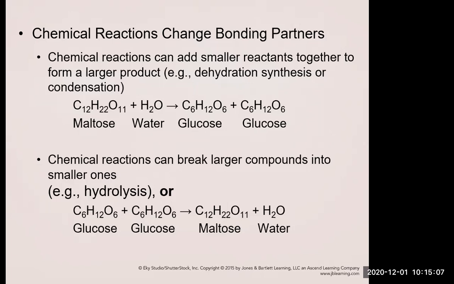This is hydrolysis at the top. Maltose and water, condensation. So I just noticed, pardon me, you all, I've got my textbook open, and it looks like there's a dehydration or condensation.